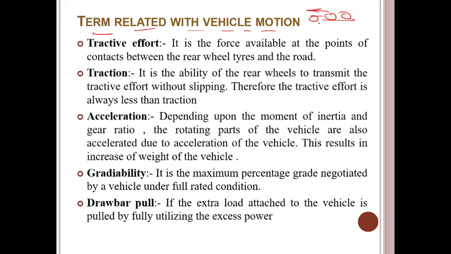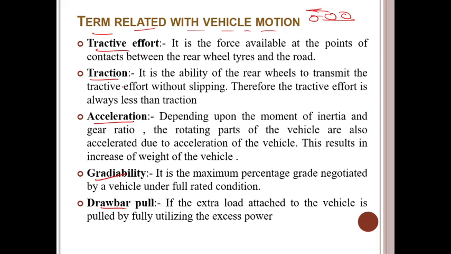You see, guys, in that concept: first is tractive effort, second is traction, third is acceleration, fourth is gradability, and fifth is drawbar pull. So these are the five terms required here. Let's discuss them, guys.